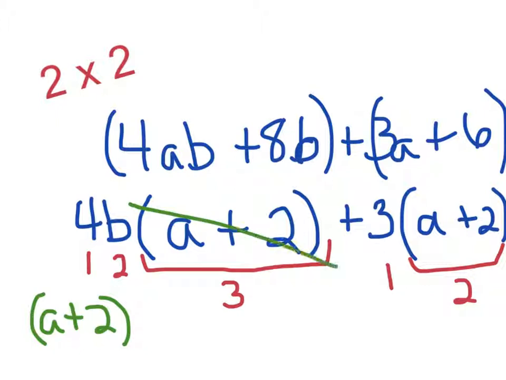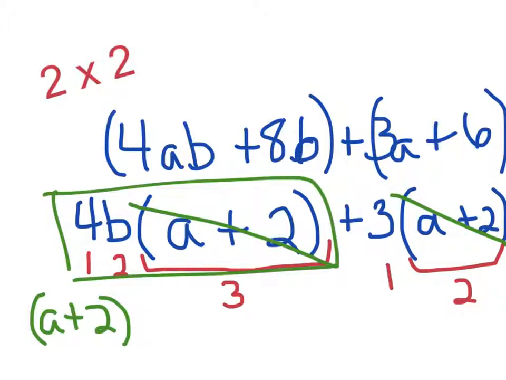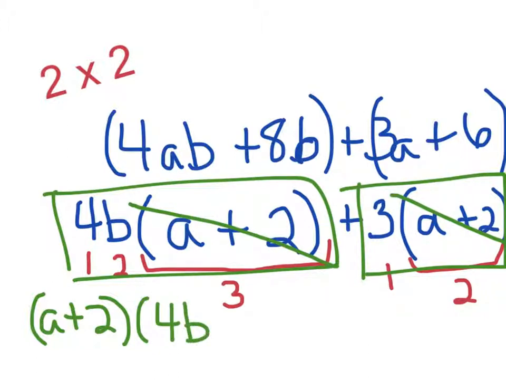This takes it away from both of these groups. It's out of this group now, and it's out of this group now. So what we have left after we take it out is this 4b from this group. So 4b. And then we also have, in this group, this positive 3.